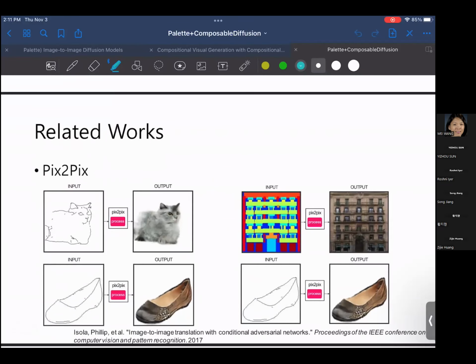I would like to first introduce the task of image-to-image translation, for those who might not know about it.